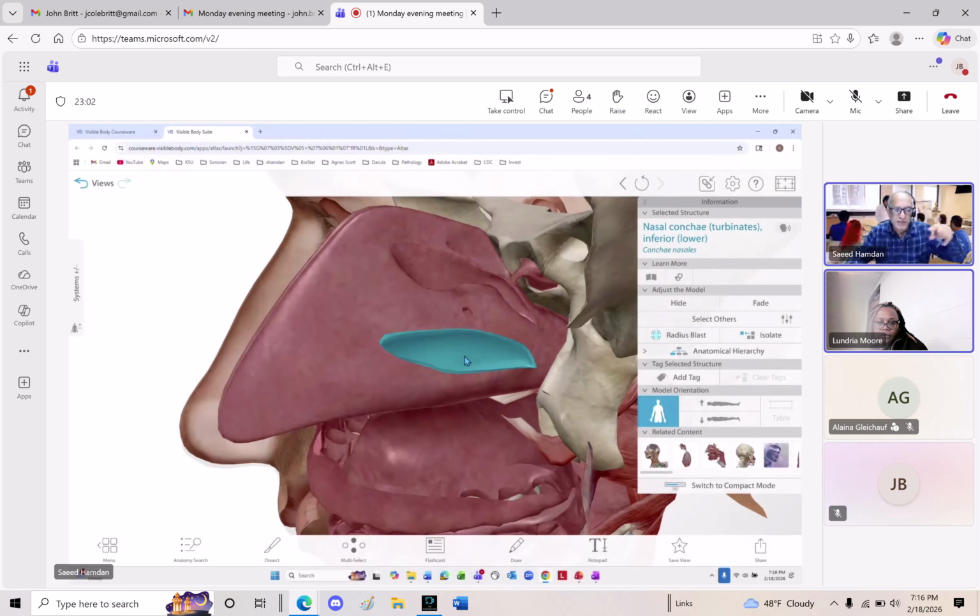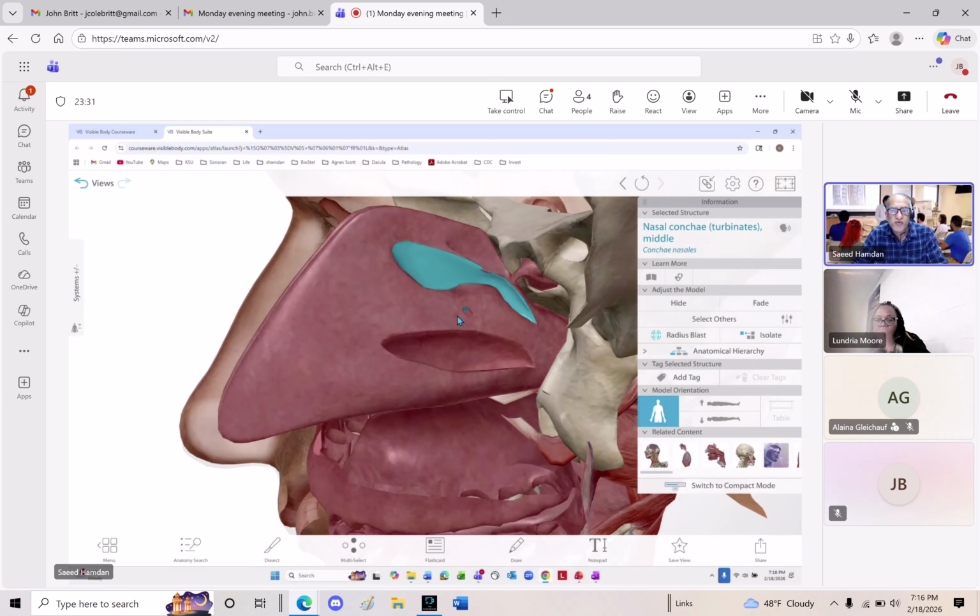This turbulence allows the air to reach body temperature and get humidified or dehumidified. This is basically the process of humidification. If it's dry, it gets humidified, right? If it is wet, it gets dehumidified. And if there are any particles in the air as we breathe, they get captured here because you have mucous membrane, right? So that's basically what you have.